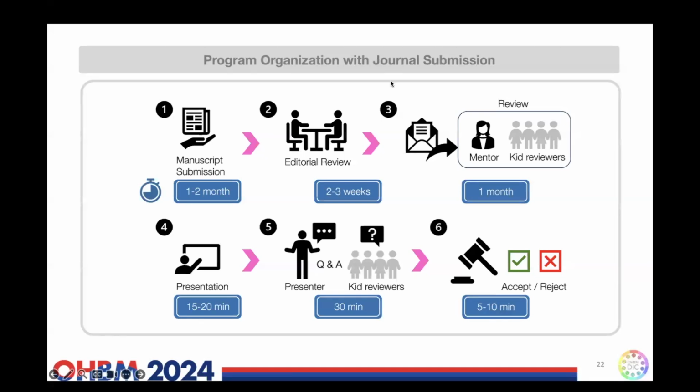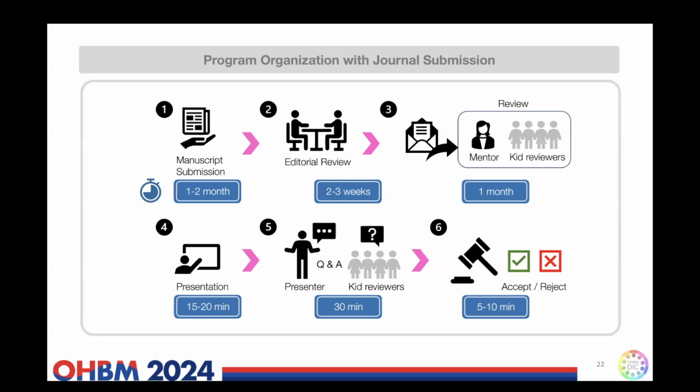Depending on whether the presenter is planning to submit a manuscript for a journal, like Frontiers for Young Minds, or not, the program can be organized in a different way. If the presenter is submitting a manuscript for publication in a journal like that, it may take a couple of months to prepare the whole event.